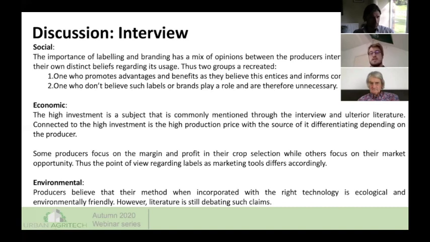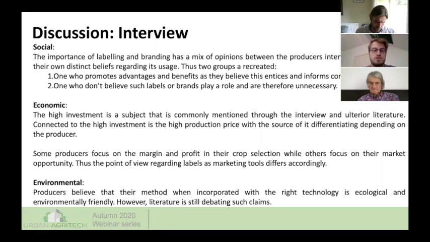So this leads to the producers believing that their crop selection is based on two things. Some producers will choose their crops on the margin of profit they can establish from that crop, while others will focus on market opportunity. Thus, this makes the view of labels, seen in the social concept, match the producer.